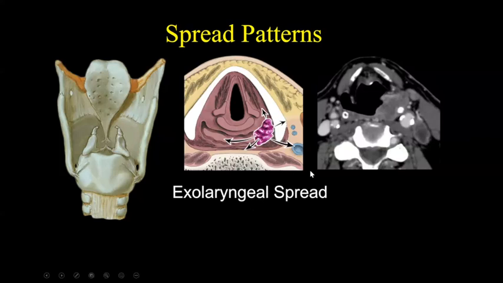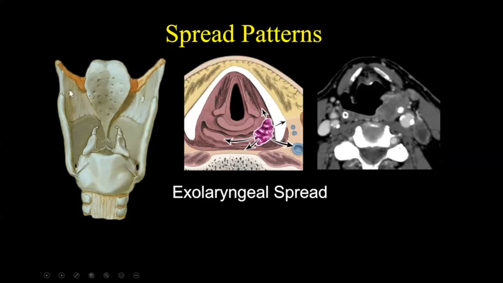The next thing we want to discuss is exolaryngeal spread. So here's an example of a piriform sinus carcinoma. Now, as I mentioned before, this inferior constrictor muscle and the attachment of the thyroid cartilage acts as a natural barrier. So these tend not to extend exolaryngeal and outside into the soft tissues posteriorly, but rather they tend to extend outside of the hypopharynx through this natural defect in the thyrohyoid membrane.